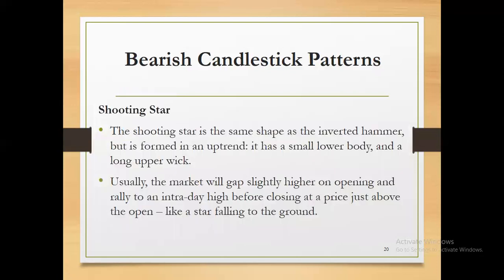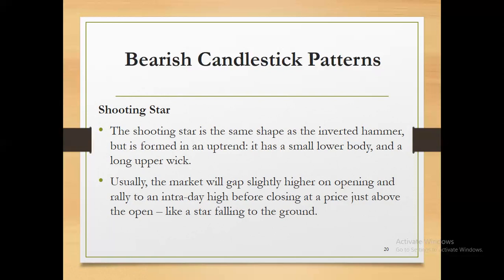Then the next one we have is the shooting star, which is the opposite of a morning star. The shooting star is the same shape as the inverted hammer that I showed you, an inverted hammer that has a long upper wick.